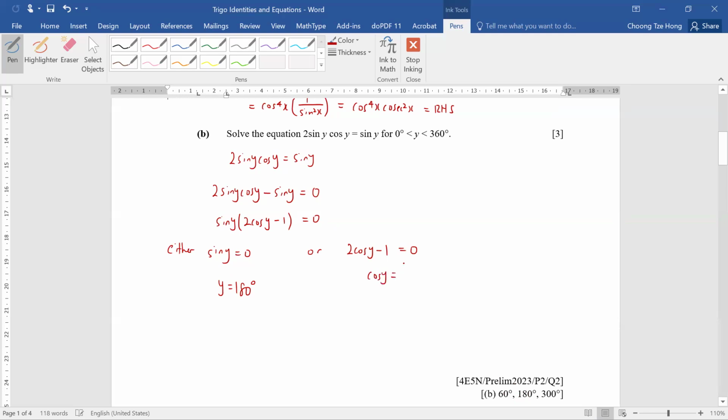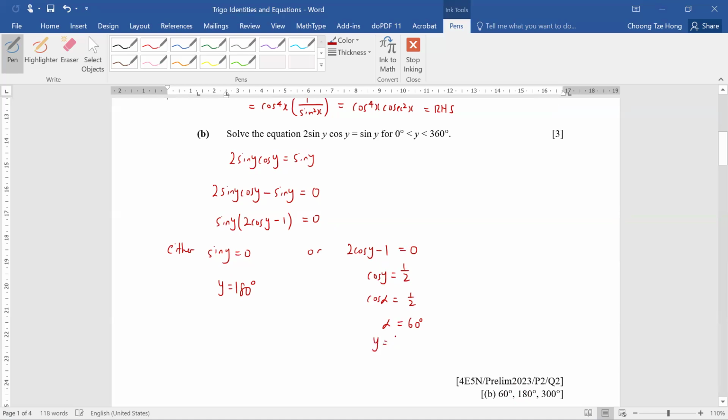Then from here, cosine y will be half. So we find the basic angle: cosine of what angle will give you half? That will be cosine 60. Half is a special ratio, and 60 is a special angle. Cosine is positive, so we go for the first and the fourth quadrant.